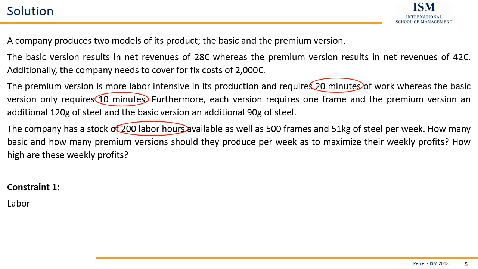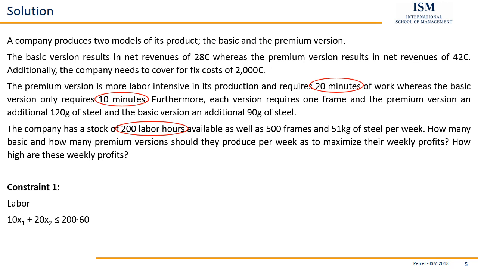Both of them together, the sum of both of those terms, needs to be smaller than our stock because, well, obviously we can only use as much as we have available. We cannot spend more labor hours because we do not have the workers for this. So the first constraint looks like this.